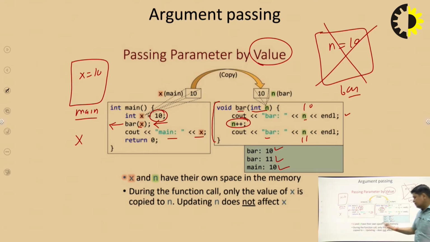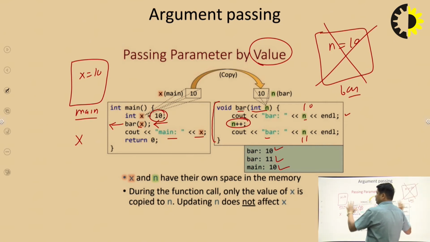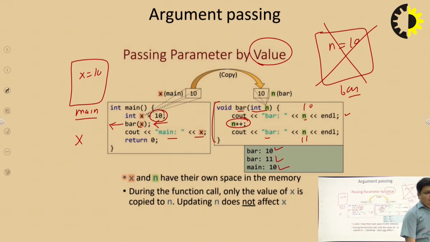Second thing, during the function call, only the value of x is copied to n. Updating n does not affect x because these are separate locations. So that's why this is called passing parameters by value. If we are calling a function with value, then separate memory will be created. The updation of any location does not reflect to the other location, and that's why this is not an approach for optimum utilization of memory.